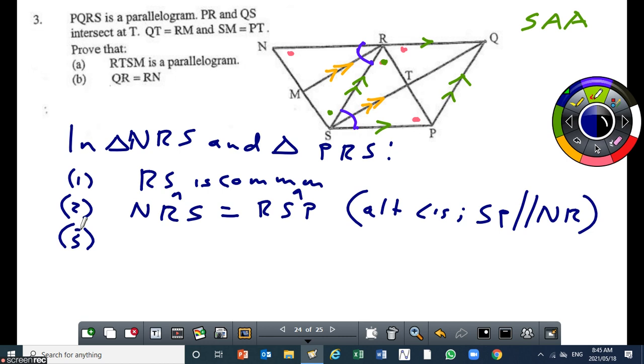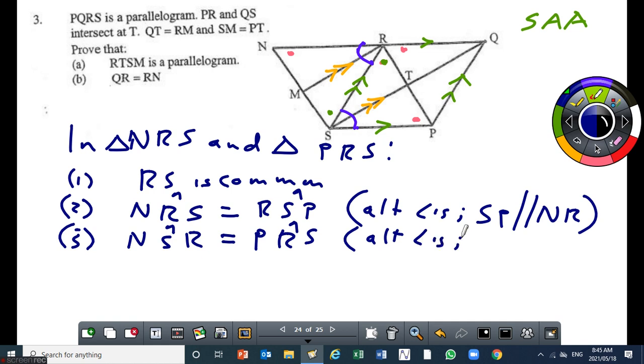Then number three is going to be, the angle that I'm going to use is this one here being equal to that. So I'll call it NSR. NSR is equal to PRS. Again, it's because of alternate angles.